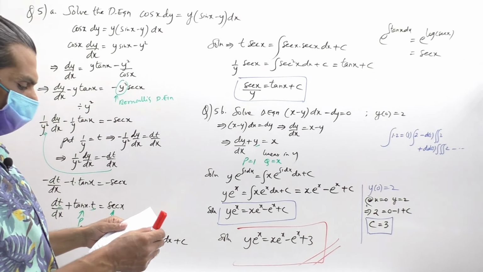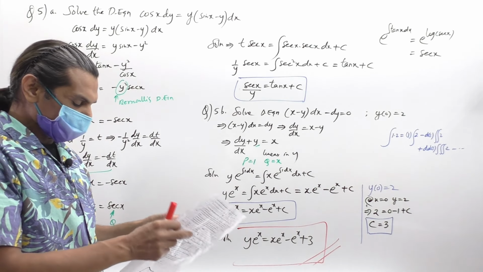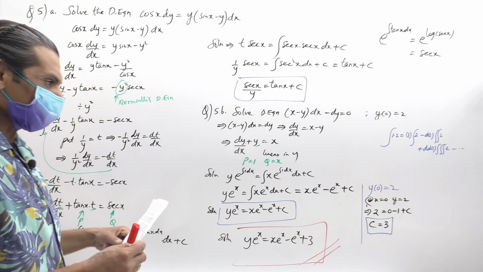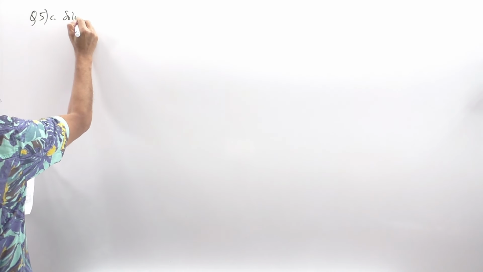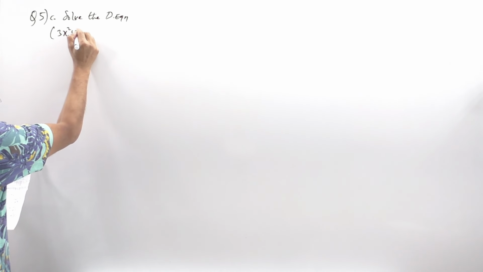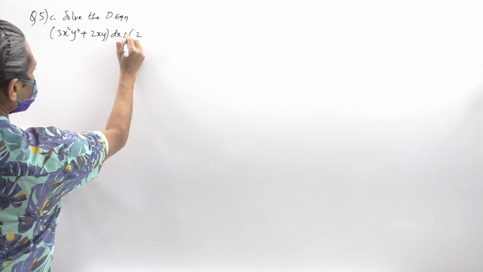So now let's move on to module 3 question number 5C. See, question number 5C is: solve the differential equation. The equation is given as (3x square y raised to 4 plus 2xy) dx plus (2x cube y cube minus x square) dy equals 0.